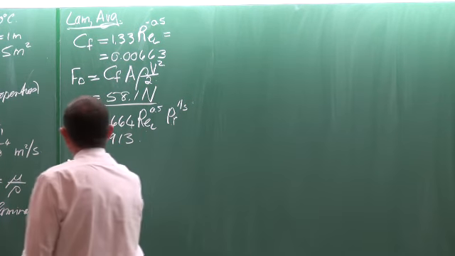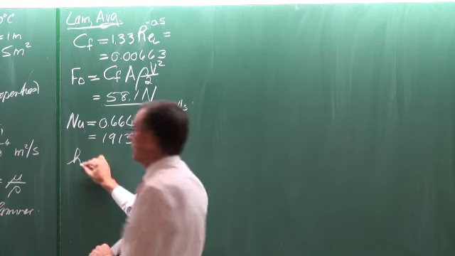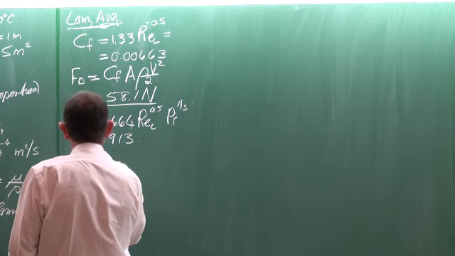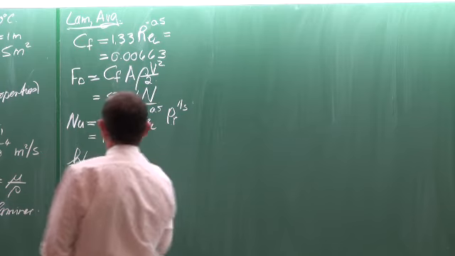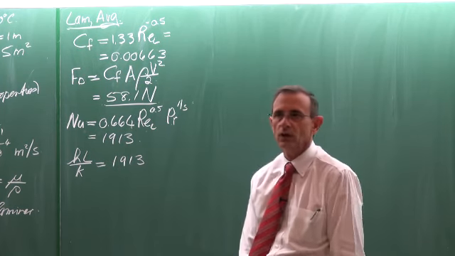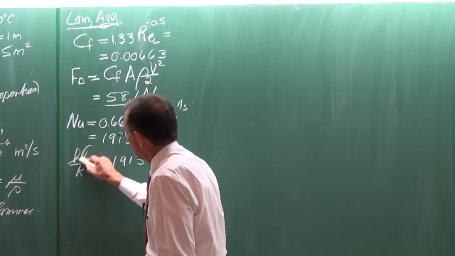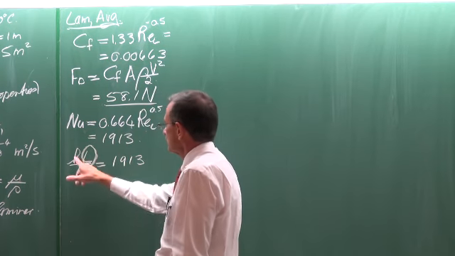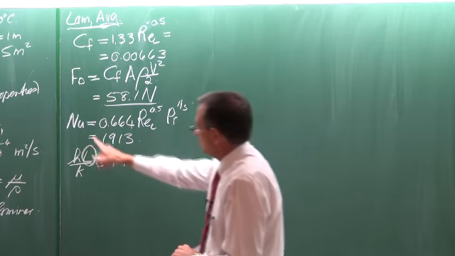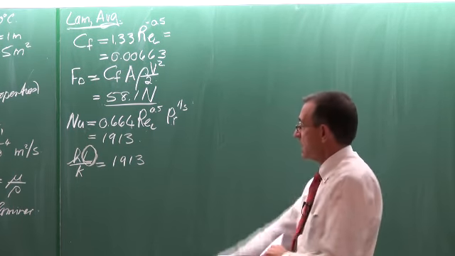The Nusselt number is equal to the heat transfer coefficient multiplied by a characteristic length divided by K. It's equal to 1913. Now we want to get the heat transfer coefficient based on the length of the plate, because that is what that Nusselt number was derived for.